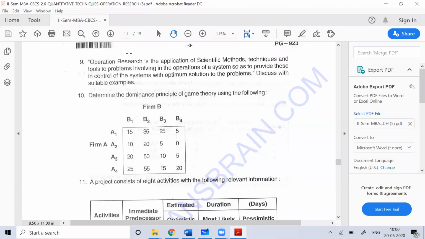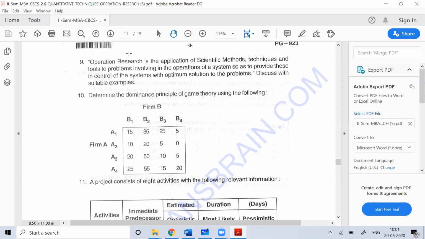Fine, everyone, please write down this question. Write it down and you can start solving from your end, because solving questions like this is very easy.